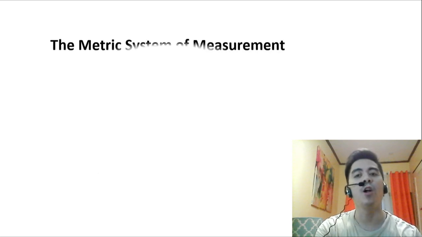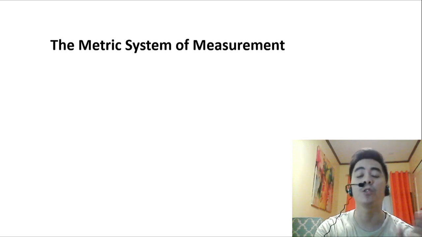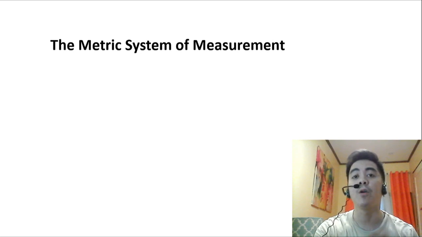We have what we call the metric system of measurement. This metric system is a world standard for measurement, used by scientists throughout the world. Having a standard unit of measure makes it easier for different scientists and all people to understand data.